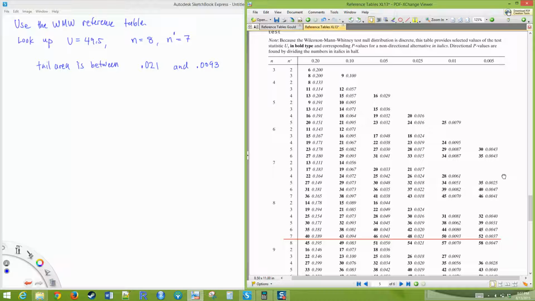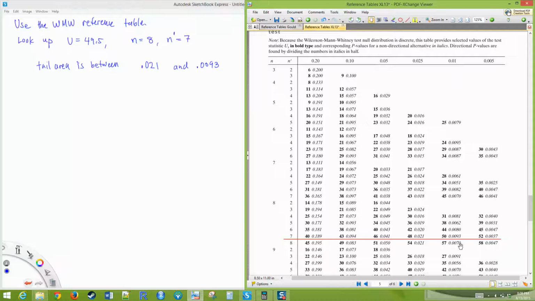This is because the values you get from the Wilcoxon Mann-Whitney test are not continuous. When you add up the ranks, you're either going to get 49 or 50, or maybe 49.5 if you do the half ranks. You're not going to get 49.2 or 49.7 or anything like that. So we're not going to have, like on the t-table, the exact test statistic that would give us 0.01 in the tail.